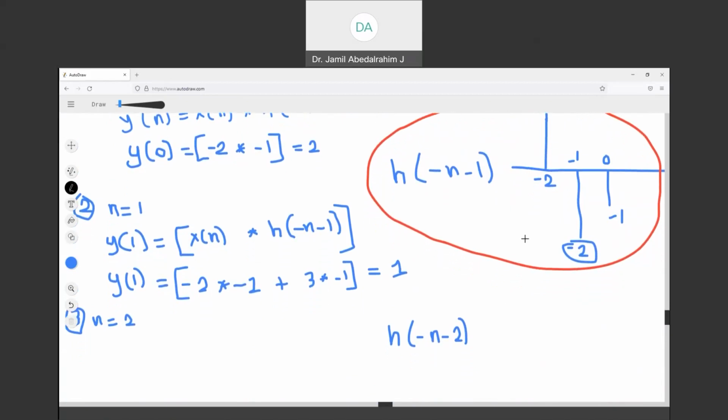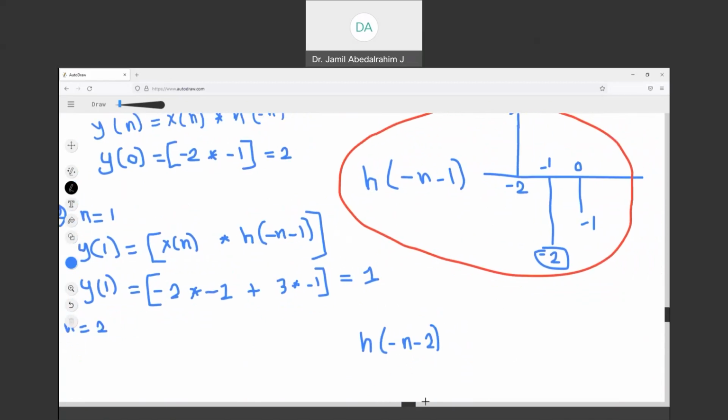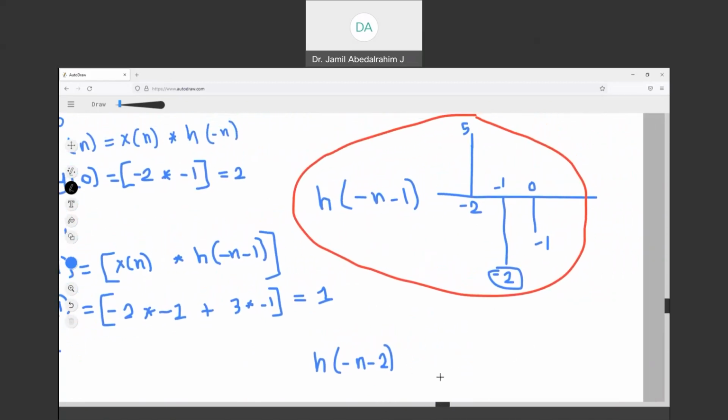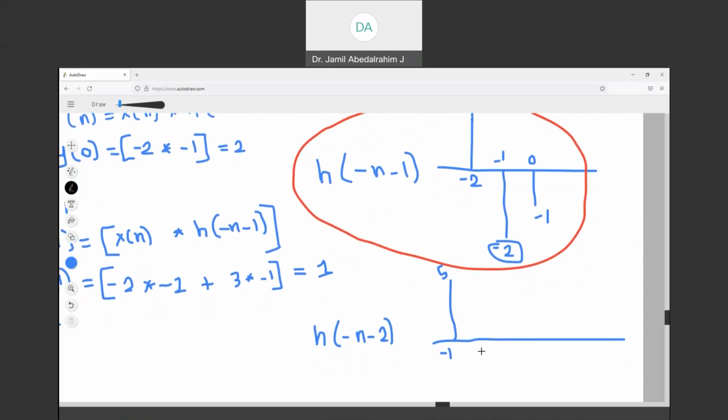Okay, so this will become: negative 2 becomes negative 1, negative 1 becomes 0, and 0 becomes 1.